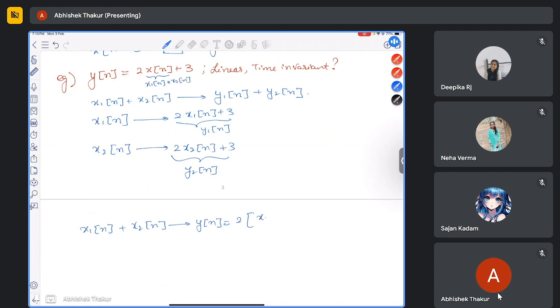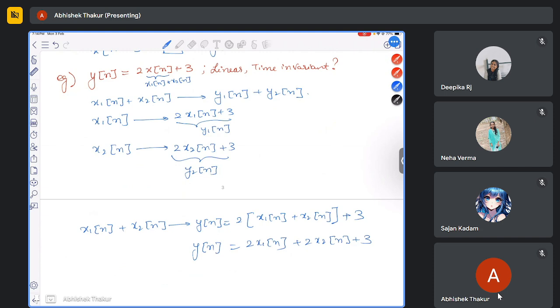So 2 into x1[n] plus x2[n], plus 3. So this will be 2 x1[n] plus 2 x2[n] plus 3.